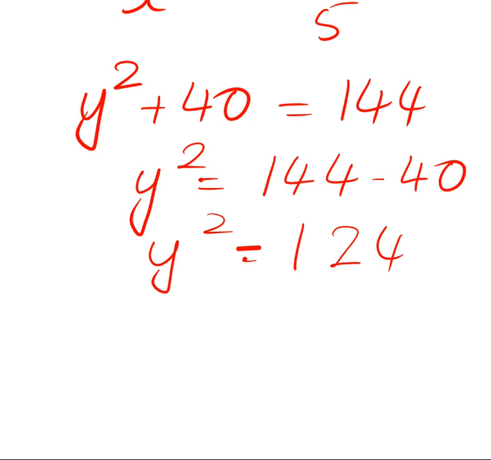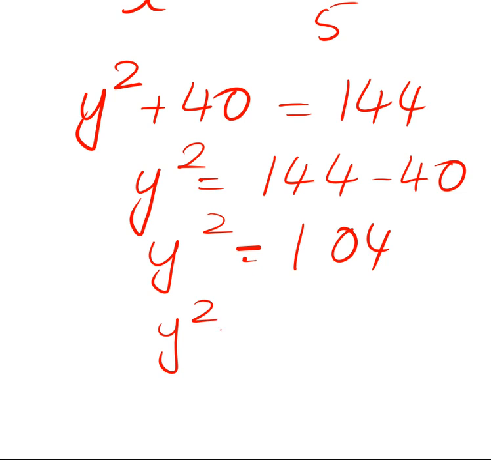Now, 144 minus 40 is 104. This is not a perfect square, is it? So how can we find the answer?